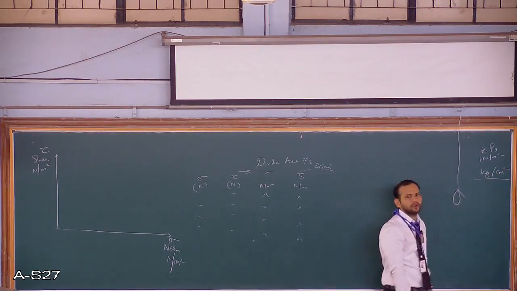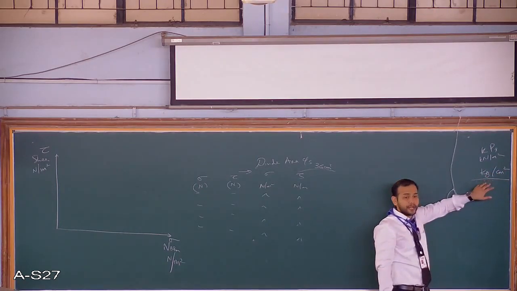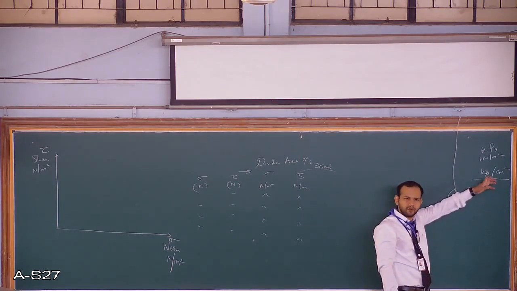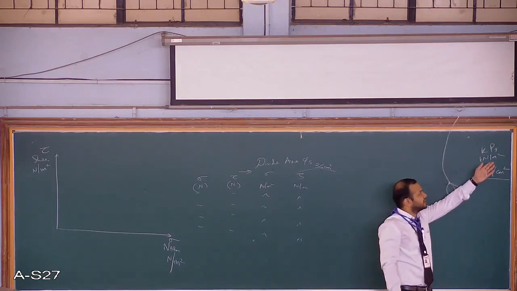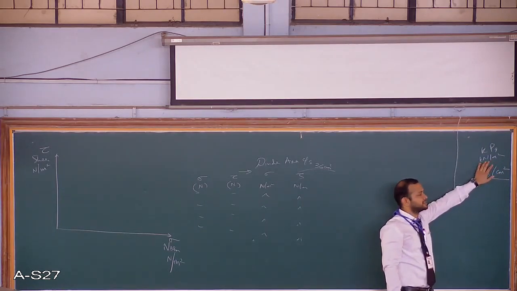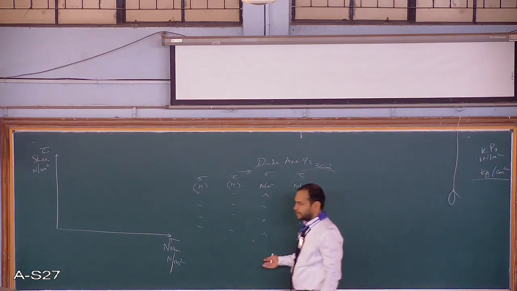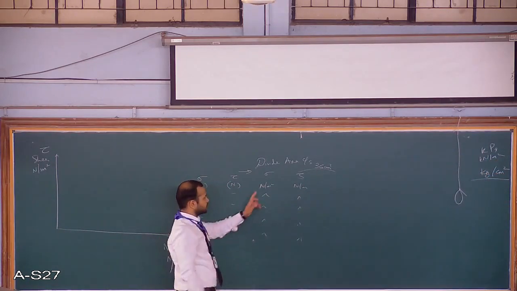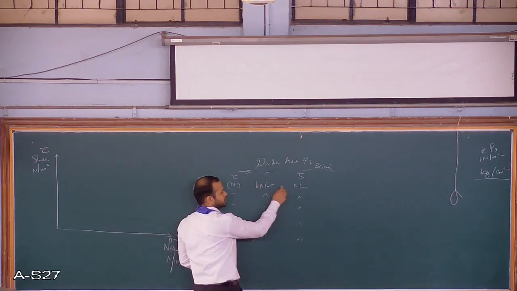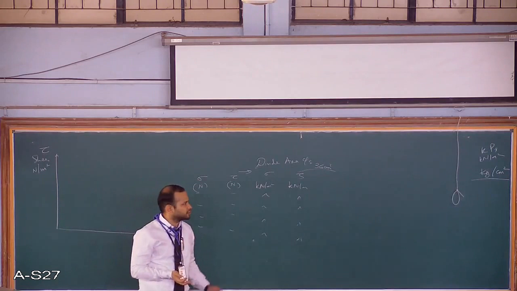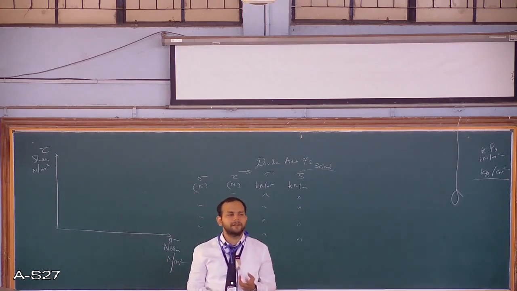In the labs, if you actually do practical cases, you will have this unit. So you can also solve in this unit. In the numericals, generally it is given in the SI units, so it is kilonewton per meter square. Whether you convert this Newton to kilonewton, it's all up to you. So these are the standard units which we expect from you.